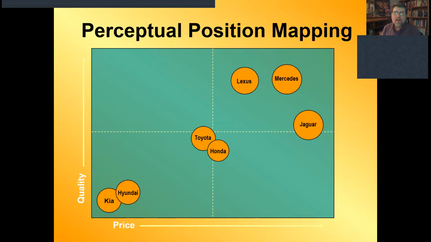Now, you might have noticed that Jaguar is a little bit off that diagonal axis. Jaguar is very highly priced, but the quality is not consistently high. I'm not so sure about the Jaguars produced today.